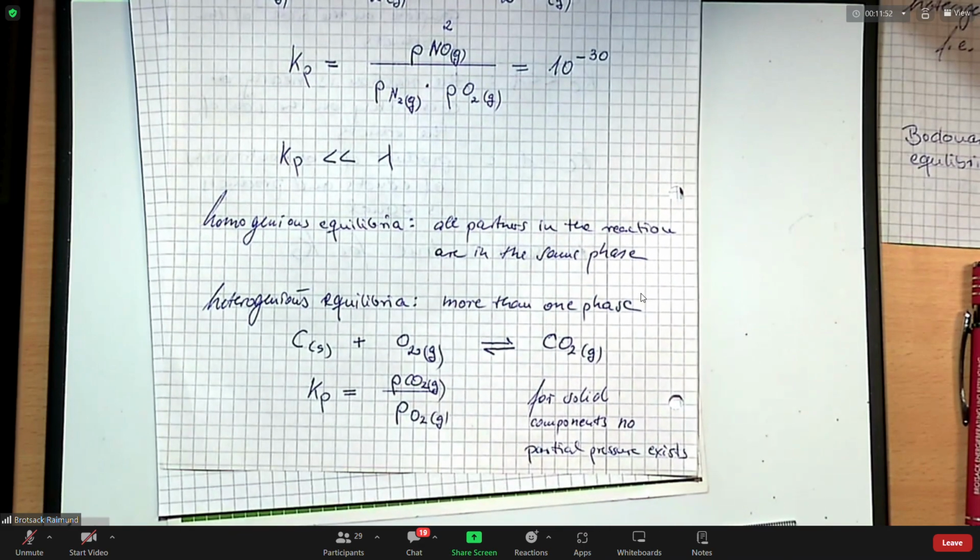Solid components, no partial pressure exists. So we do not have to calculate it.